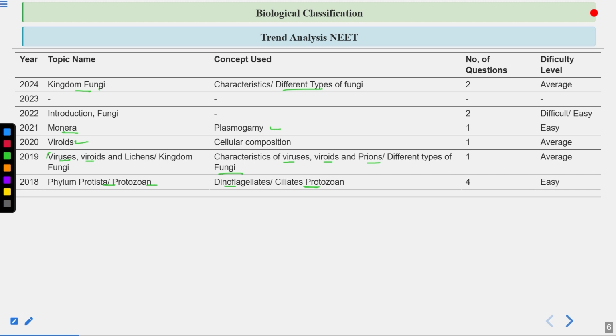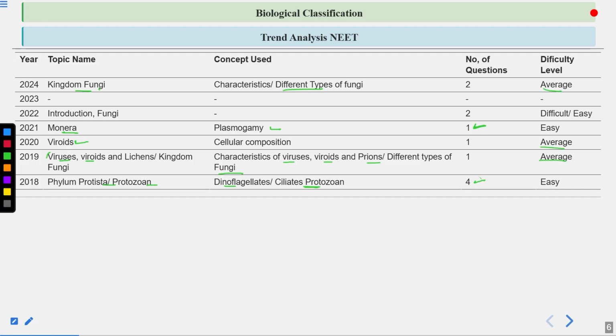So even 4 questions have come from this chapter. Every year it varies. Minimum number of questions, 1 question. Maximum number of questions, 4 questions. Usually the questions are of average type.